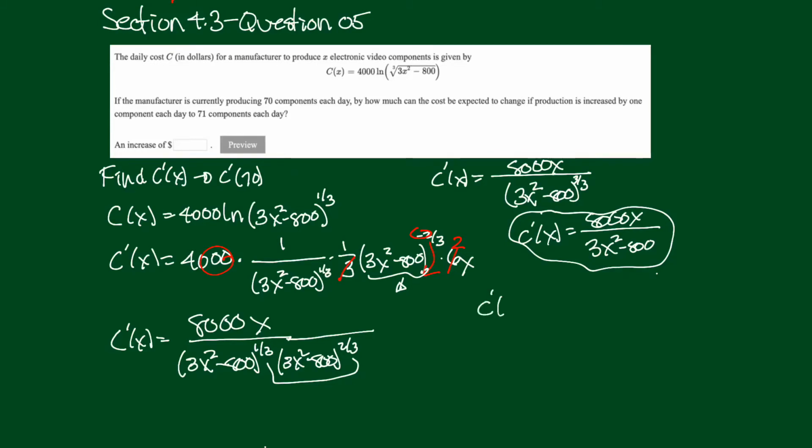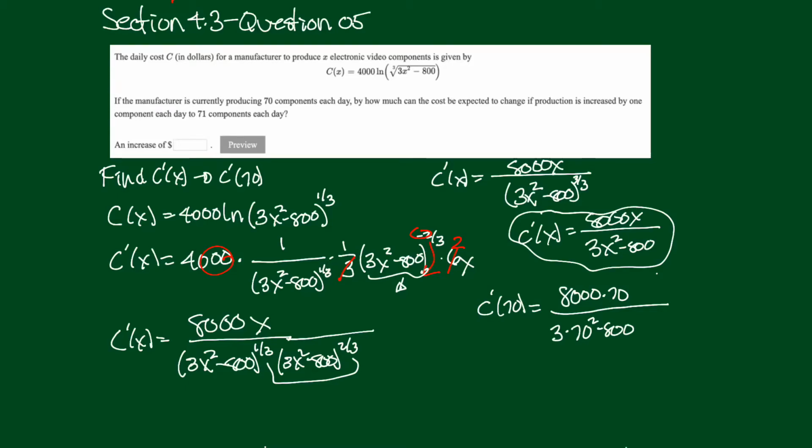So C prime of 70 is going to be, okay, this is going to be a calculator or Wolfram Alpha problem here. I'll get 8,000 times 70 over 3 times 70 squared minus 800.